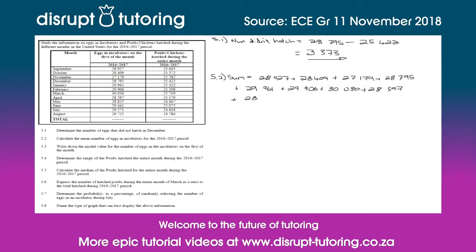So 28,825 plus 29,441 plus 29,271, and finally 29,725. So we need to add all of those together.